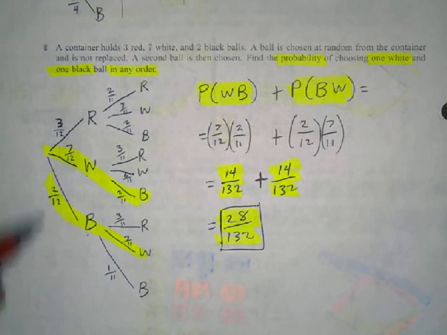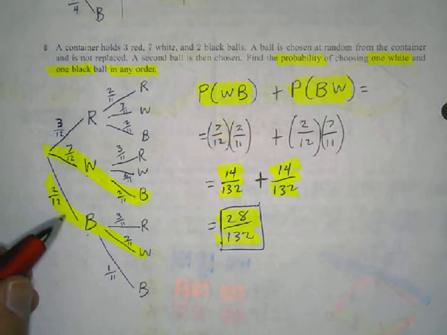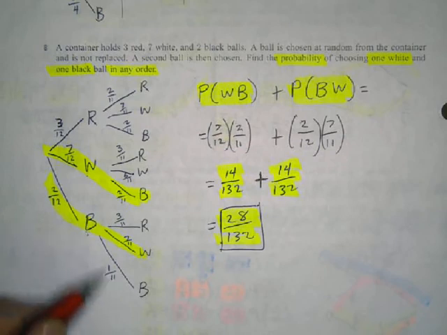And then if I've picked black, once again, the denominator is decreasing by 1, and the numerator is only decreasing here for black because we've picked black, so now we have 1 less black.